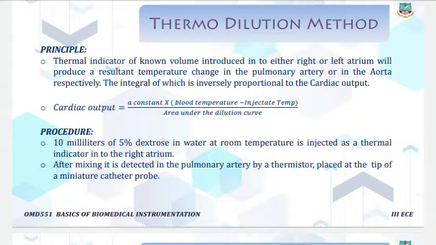The integral of this is inversely proportional to the cardiac output. So the cardiac output is equal to a constant K into (blood temperature minus injected temperature) divided by the area under the dilution curve.